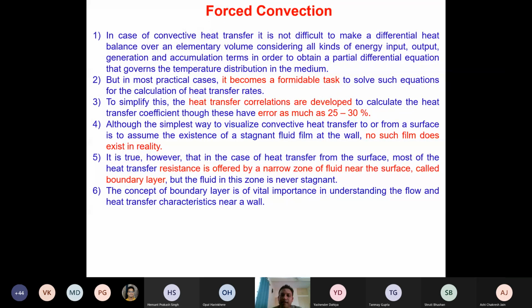So what we are saying here is, if you wanted to look at how the convective heat transfer takes place, that can be analyzed in terms of a small film close to the surface, and then we can assume that the maximum conduction resistance is present in this film, and based on that we can find out how h is related to k, isn't it? That is what we have seen in the last chapter. But in reality, no such film exists. There is always a motion of the fluid in this film. This film is not stagnant.